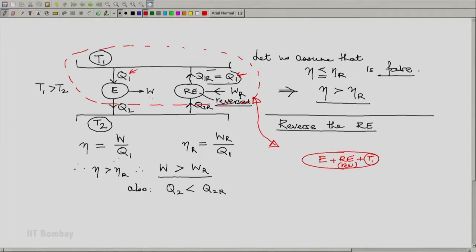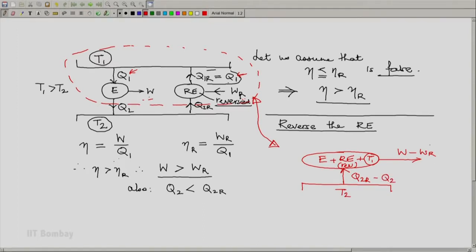First, it produces work which is a combination of the work done by the engine and the work absorbed WR by the reversible engine. So, it produces work which is equal to W minus WR. It absorbs heat from the low temperature reservoir which is at T2, and the amount of heat absorbed is Q2R from the reversible engine minus the one rejected by engine E, Q2. So, the heat absorbed will be Q2R minus Q2.